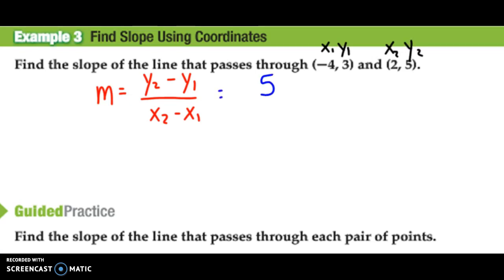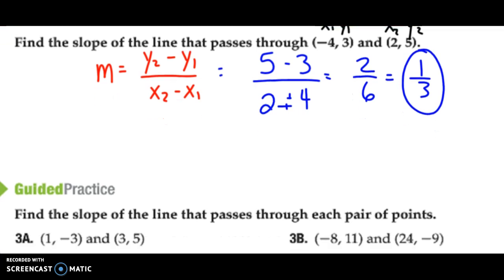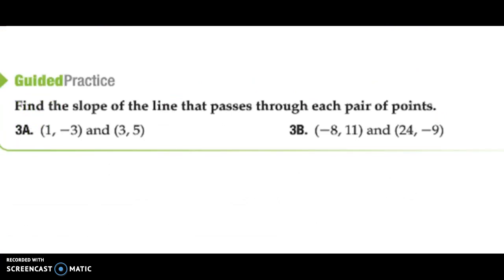So 5 minus 3 over 2 minus a negative 4. 5 minus 3 is 2. 2 minus a negative is like adding, so 2 plus 4 is 6. So 2 over 6, which is 1/3. So the slope of my line is a rise of 1, run of 3. Here's 2 you can find the slope of now.